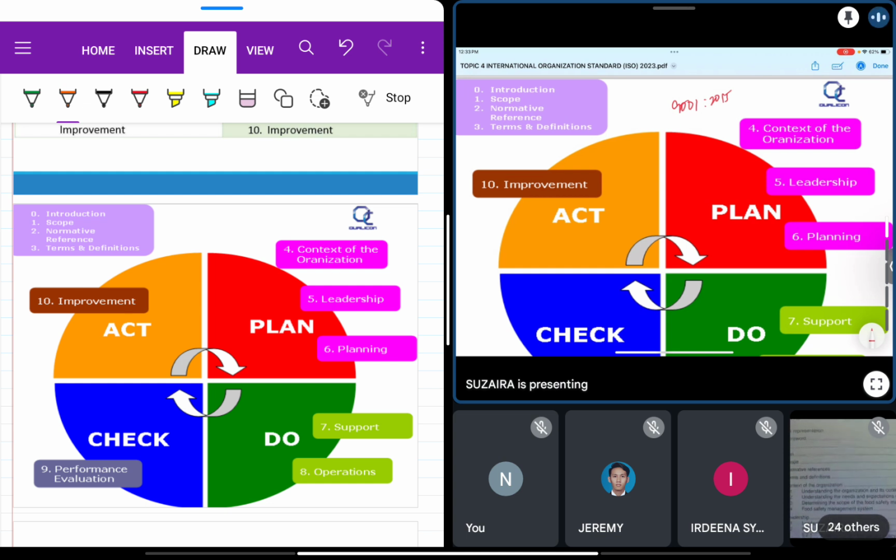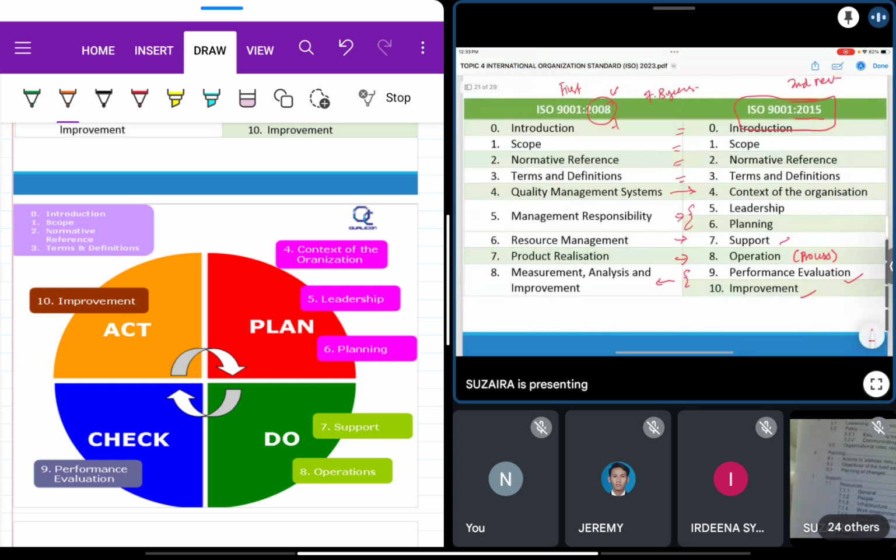This is actually according to a standard, and then you have the context of organizations. You have leadership, you have planning, which you saw just now.